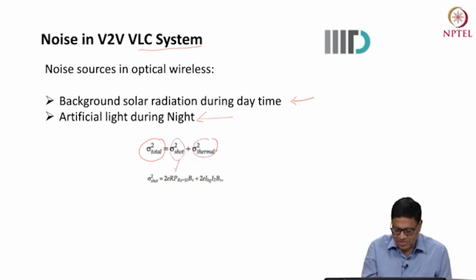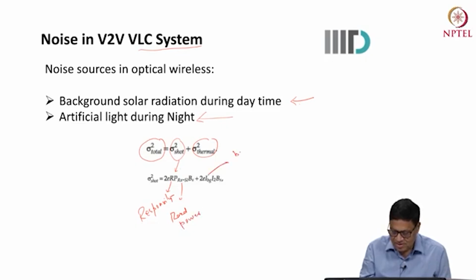The shot noise is given here, where this is the responsivity, e is the electronic charge, this is the received power onto the receiver, and this is the background noise current, which is part of the shot noise because of the background noise current.